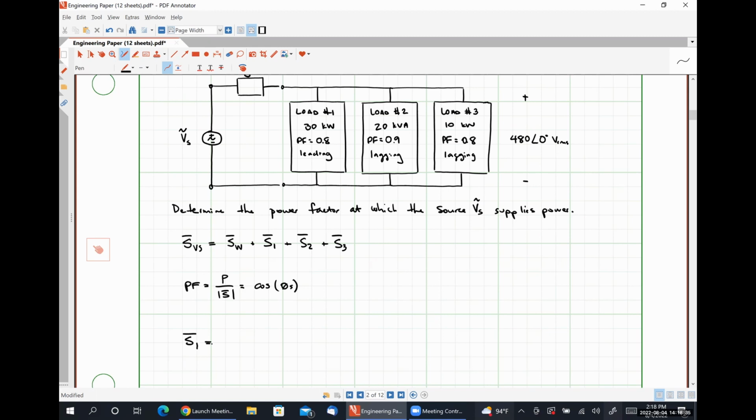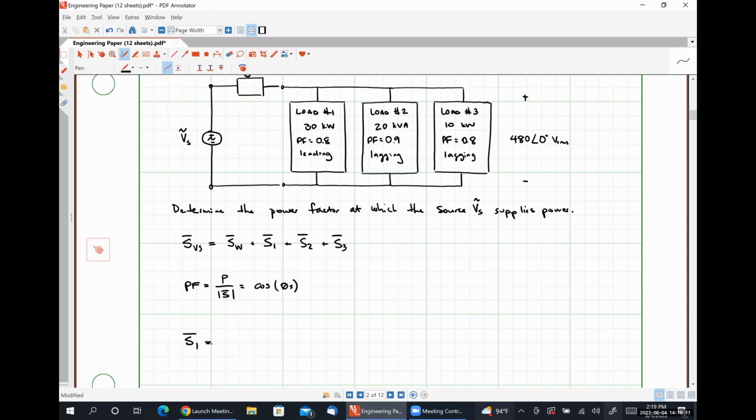So for load 1, we are given two very critical pieces of information, okay? We are told that it is absorbing 30 kilowatts, and we are told that it operates at a power factor of 0.8 leading. These are the only two pieces of information that we need to know in order to determine the complex power that is absorbed by this load.